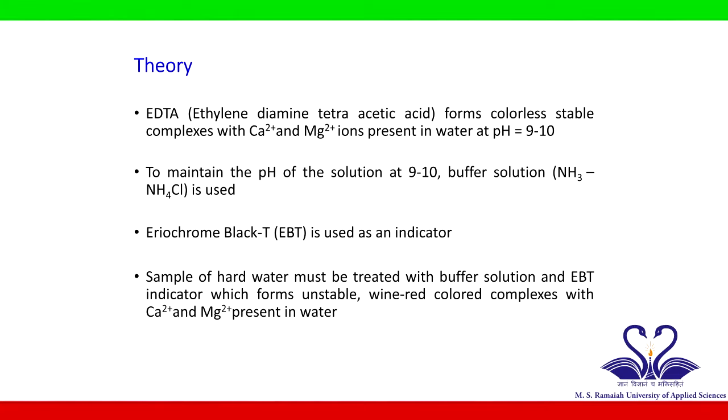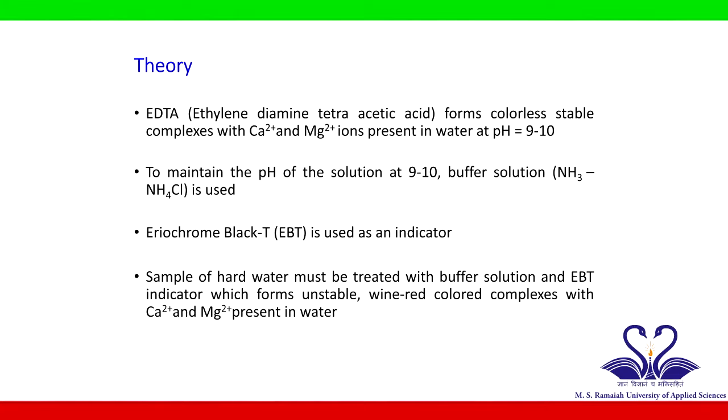To maintain the pH of the solution at 9 to 10, a buffer solution of NH3-NH4Cl is used. Here, the metal ion indicator Eriochrome Black T, that is EBT, is used as an indicator.